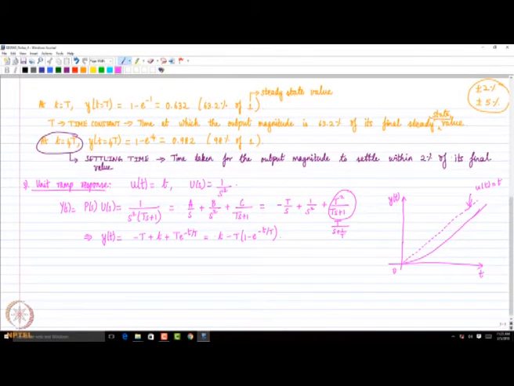You immediately see that as t tends to infinity, what happens to y of t in this particular case? It goes to infinity, but what function does it tend to?